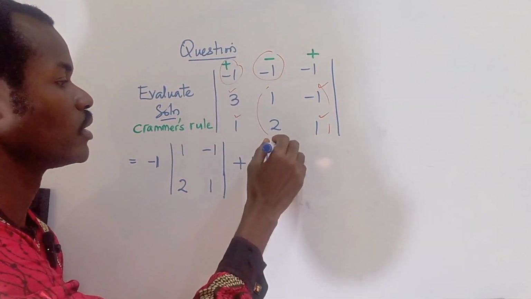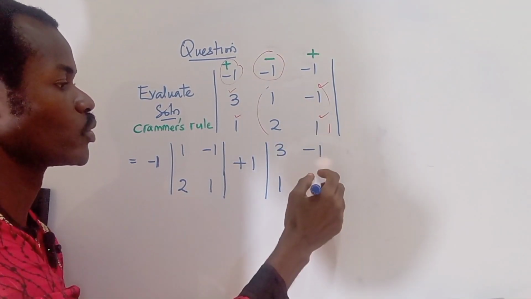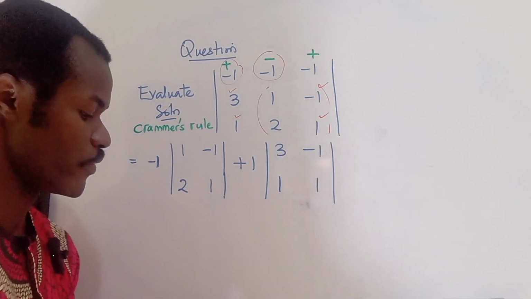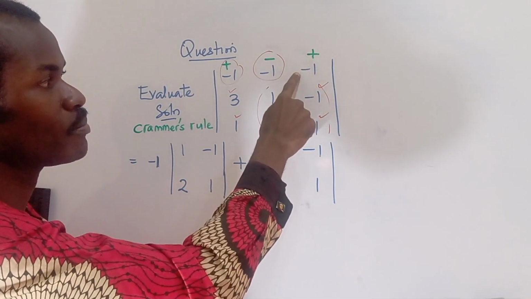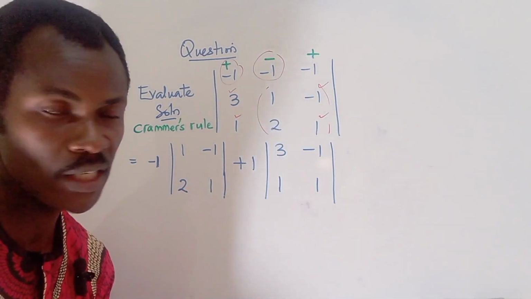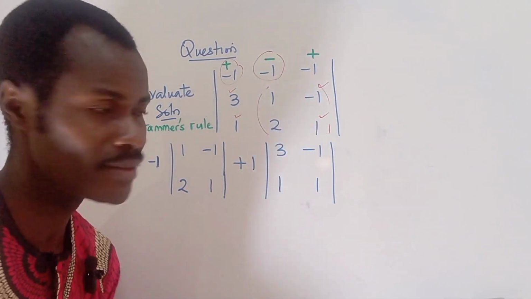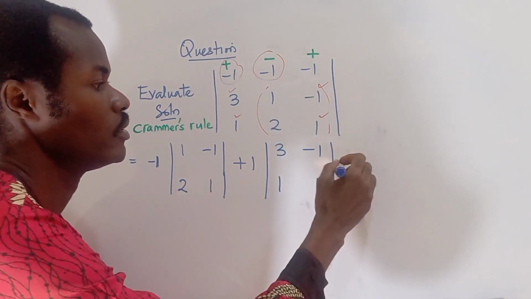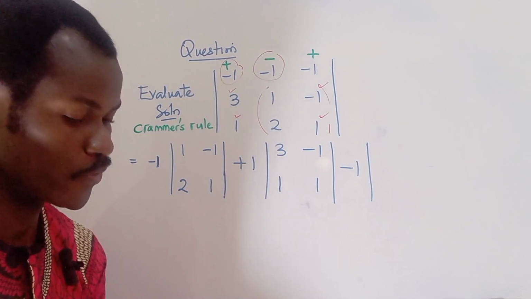So I have 3, 1, and minus 1 and 1. Finally, we have one more to work on, which is plus minus 1. So plus times minus is minus. So minus 1. Now let's see what follows.